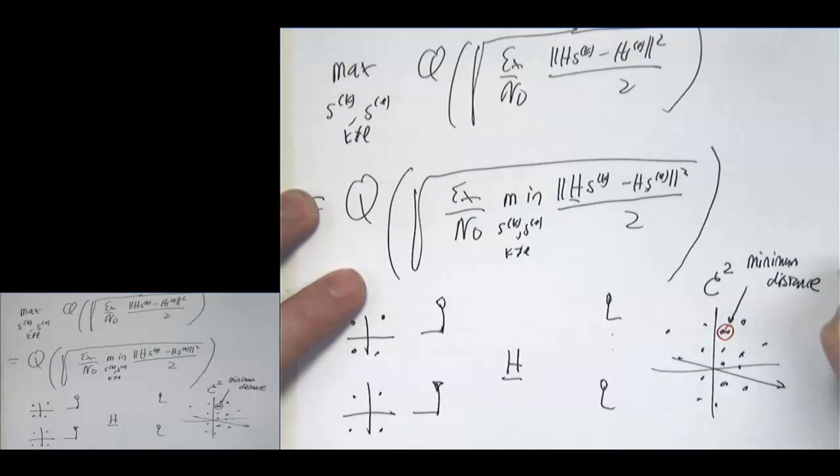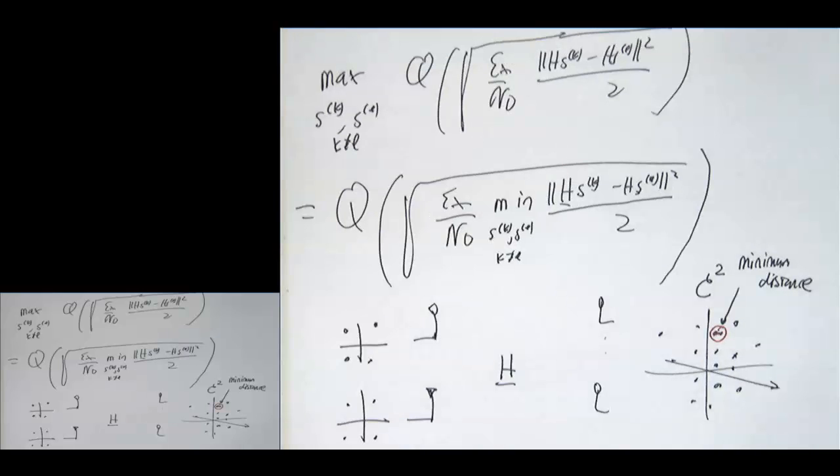So in the probability of error case here, the performance would be determined by these 2 points here.